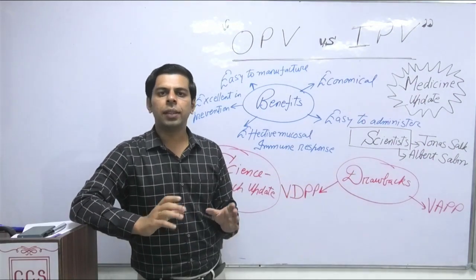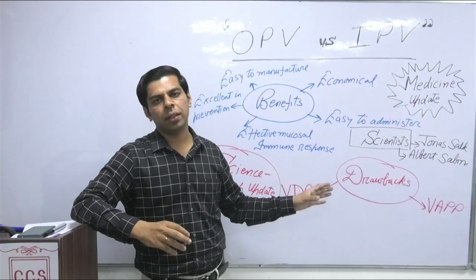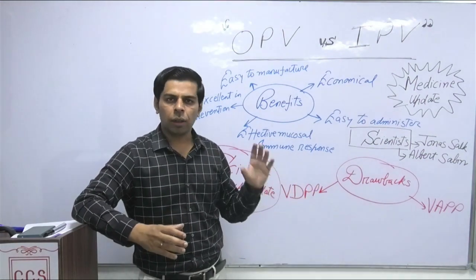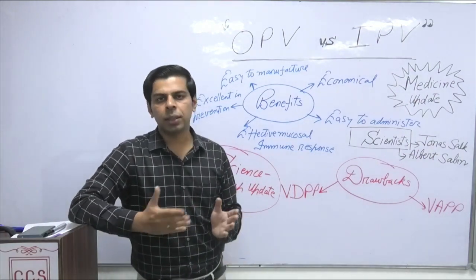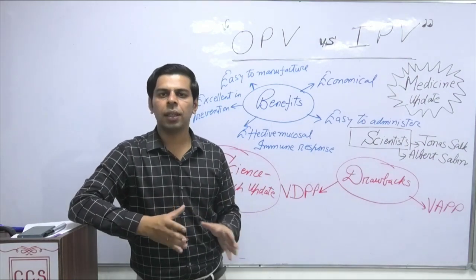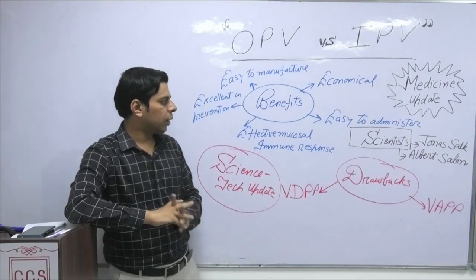So there is an element of risk when you are administering live attenuated vaccines to any individual. The virus, if virulent, may regain its problem and may result in vaccine-induced poliomyelitis in simple terms. So there is a small element of risk associated.